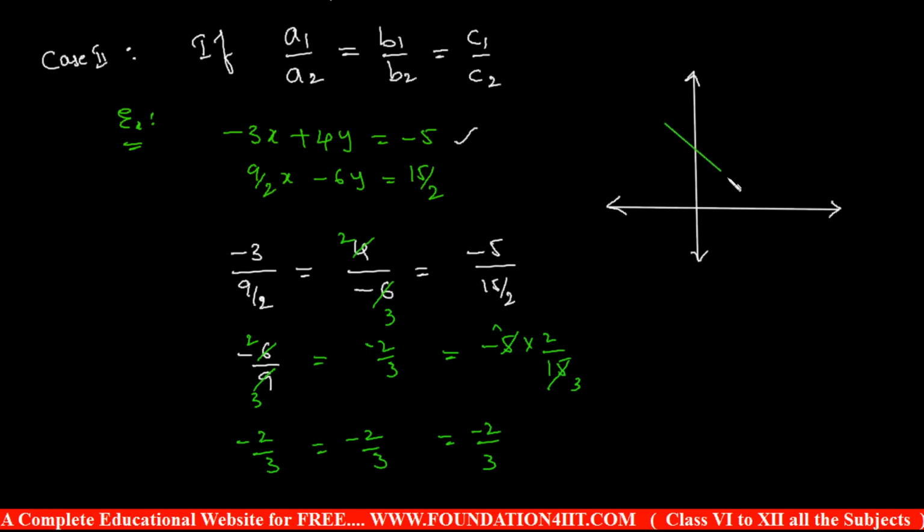For the second equation we'll get another line on the same line. That means the two lines coincide, so wherever you take a point, there are infinitely many solutions. Only for this case, if a1/a2 = b1/b2 = c1/c2, we'll have infinitely many solutions.